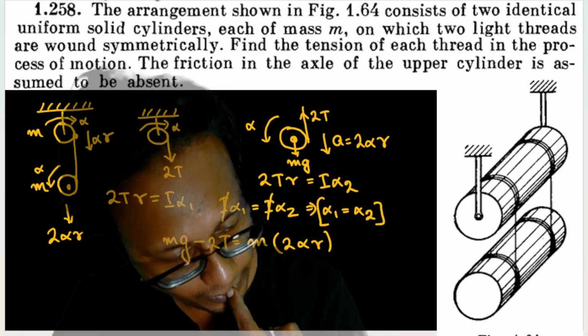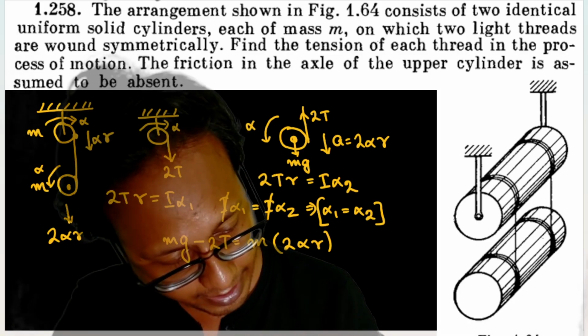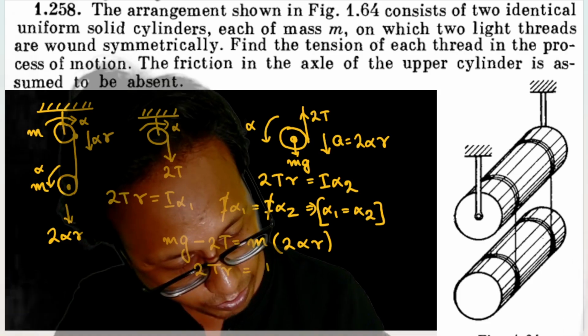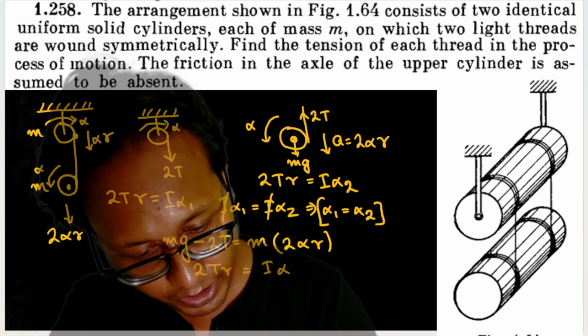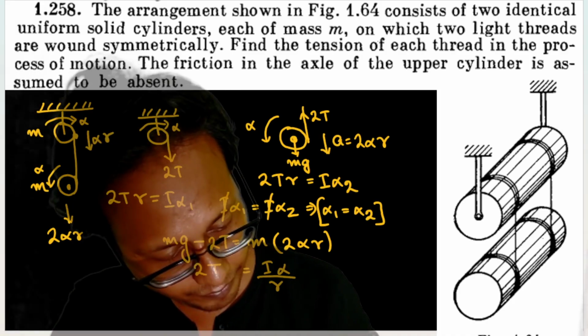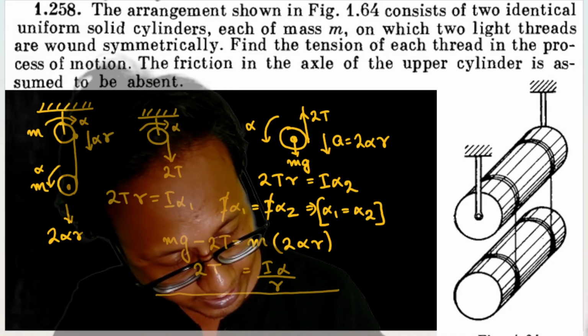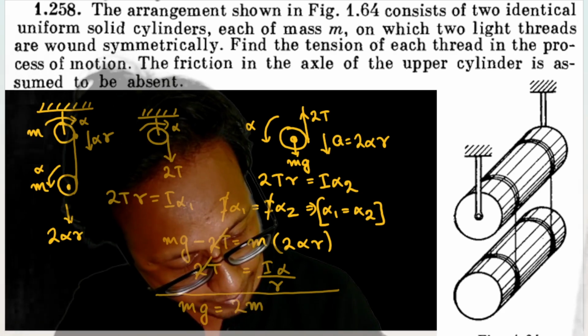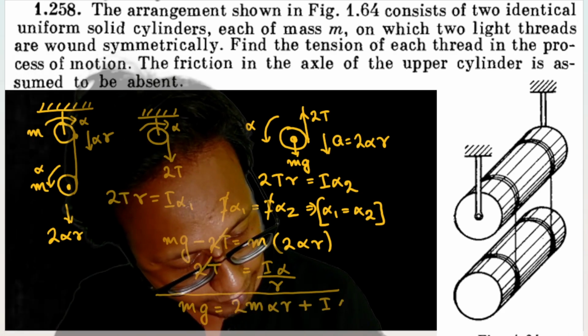And from the torque equation I get 2tr is equal to I alpha, or 2t is equal to I alpha by r. If I add these, 2t and 2t get cancelled. So mg is equal to 2m alpha r plus I alpha by r.